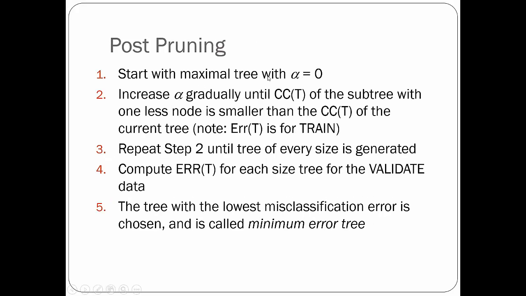So start with the maximal tree with alpha of 0, and you gradually increase alpha until the CCT of the subtree with one less node is smaller than the CCT of the current tree. Okay. So that gives you an alpha value, and then you repeat until the tree of every size is generated, and the tree with the lowest misclassification error is chosen.